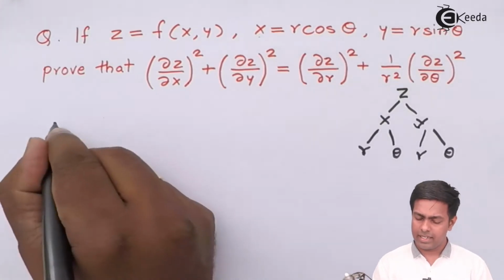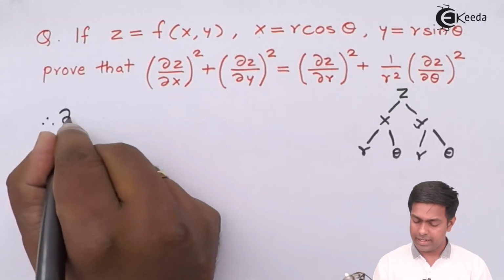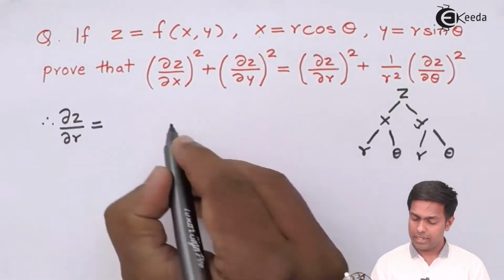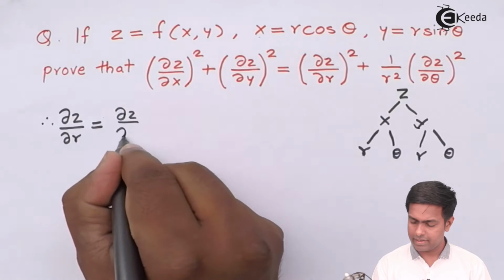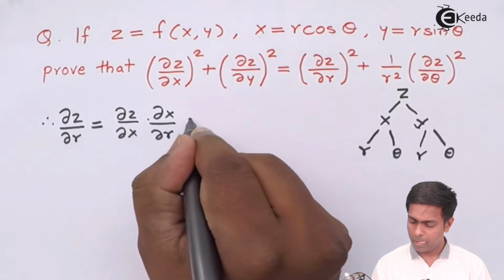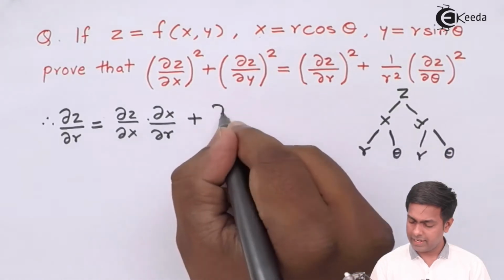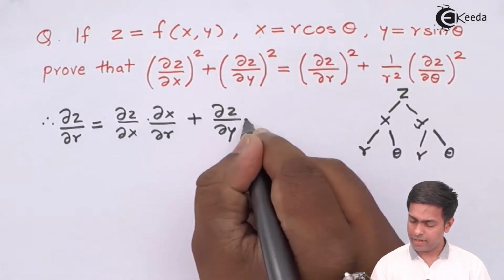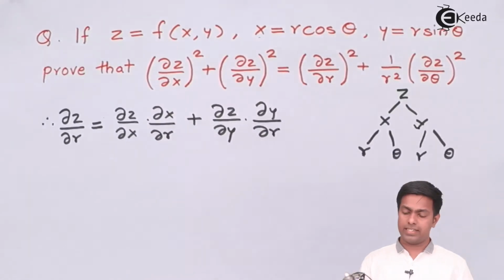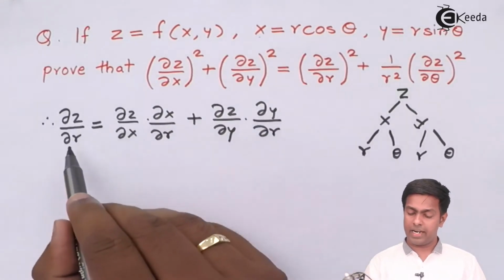Therefore del z by del r is equal to del z by del x into del x by del r plus del z by del y into del y by del r. So guys, this is the formula of del z by del r.